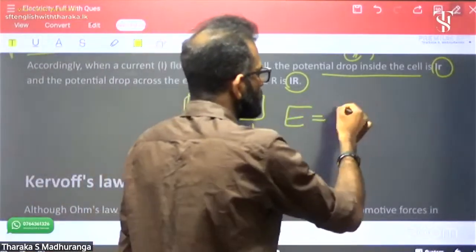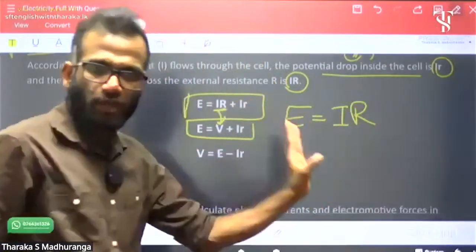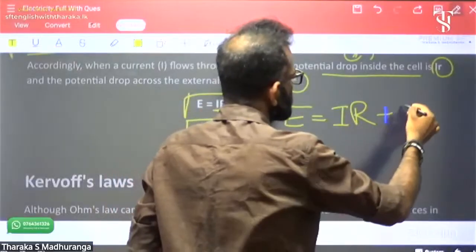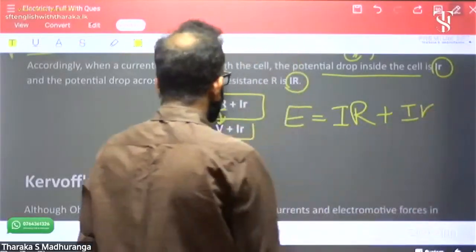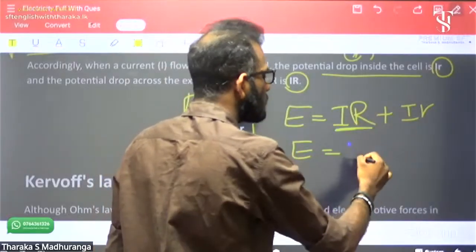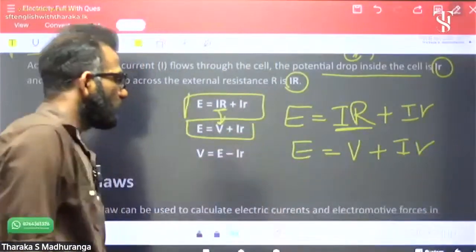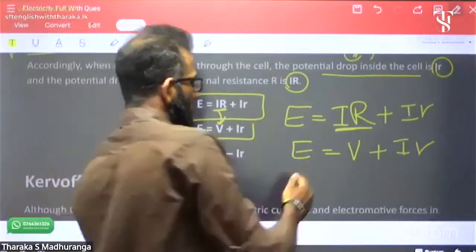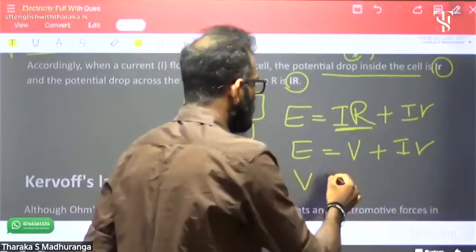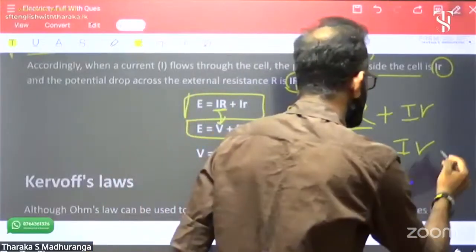Electromotive force equals the sum of IR. In Kirchhoff's laws, you can get this full idea. Still, I know you can't understand them yet. Plus I simple R, then E equals capital IR, that means V, plus I simple R. Now I can isolate the voltage: V equals E minus Ir.